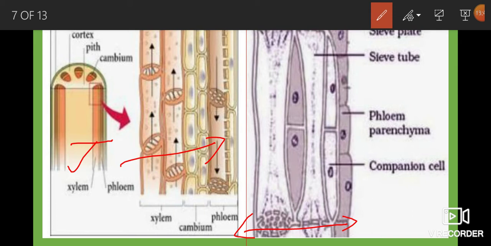So food materials enter into the companion cell and from the companion cell to the sieve tube. This is the pathway of food material: companion cells to sieve tubes and then the sieve plate.